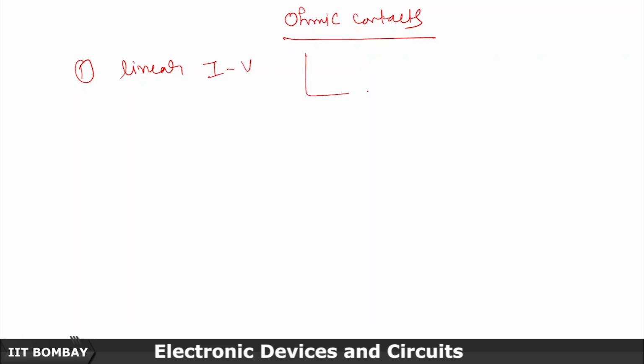As I said, in both directions current will flow. It's like a metal-metal contact, so it should have linear IV characteristics in both biasing directions. So if I talk about ohmic contacts, you can say close to linear IV characteristics, something like this.